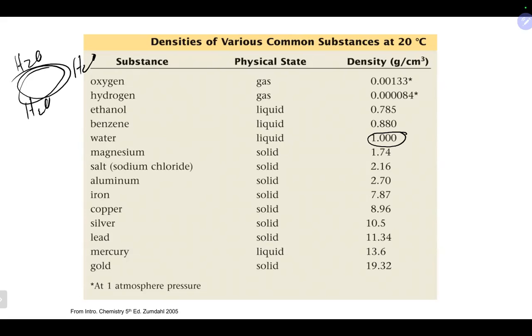If you put two liquids together, like water and something else that has a smaller density, like ethanol, what will happen when you look at it, say in a test tube? They will separate out into layers, right?